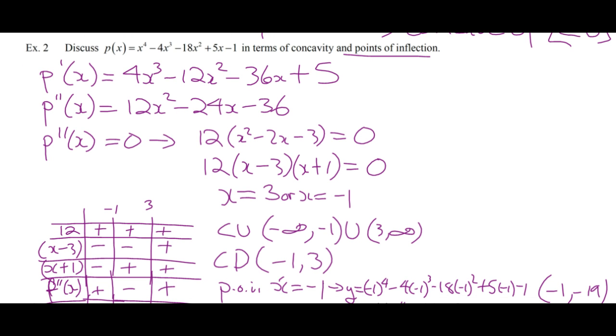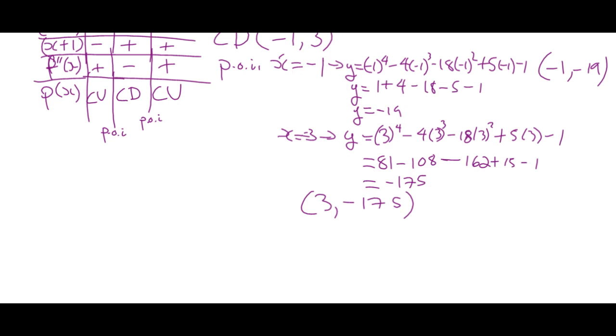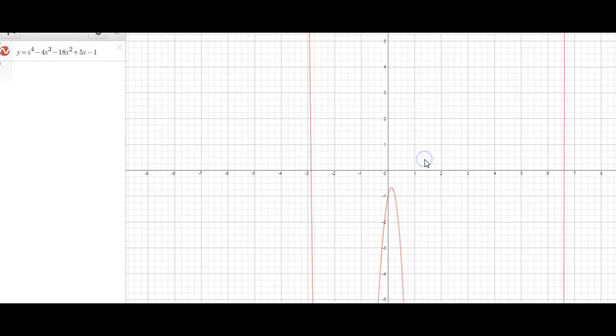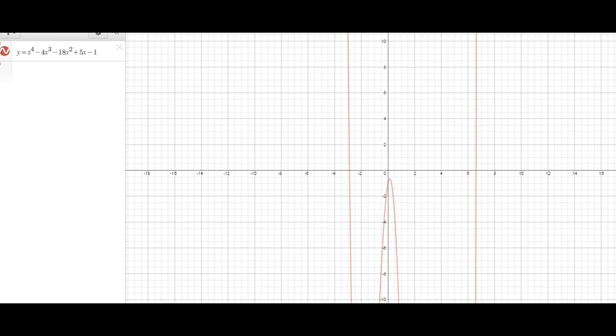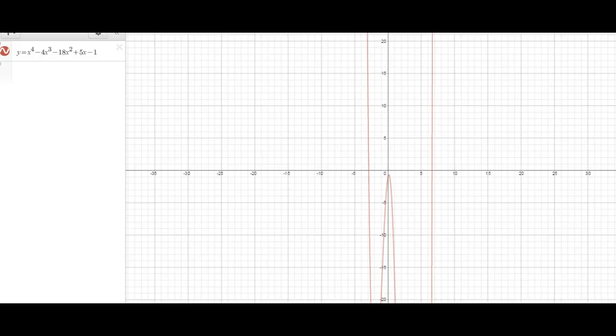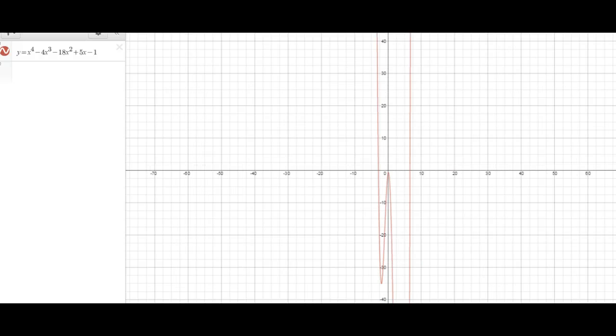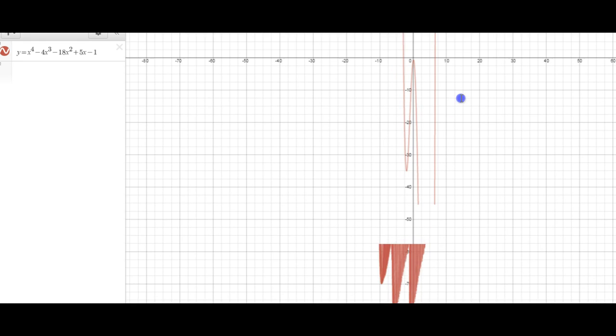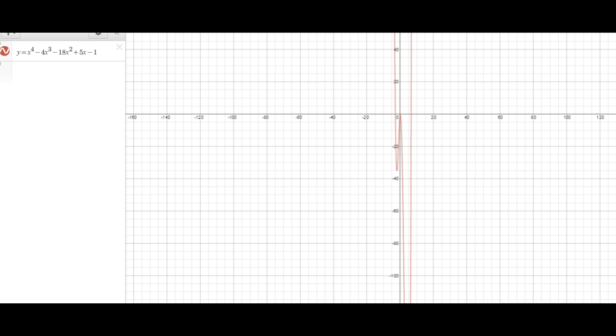Okay, so we could graph that. Obviously we kind of have to zoom out a bit if we want to see points of inflection. Should we just go into decimals and graph it? Okay, why not? Sure. So how do we want to zoom out? Well, at this point, we should probably be setting y.